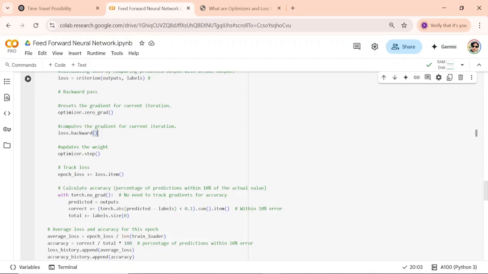Now the second iteration comes, then it updates the weights based on the loss. It will check what the loss was and how that loss will be minimized after updating the weights. That determination is done by your gradient. So it calculates the gradient and checks how the loss will change with respect to weight if you update the weight.